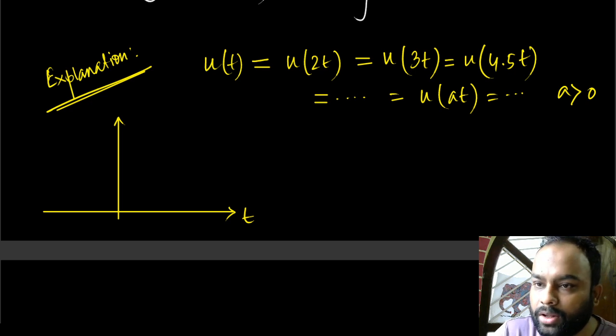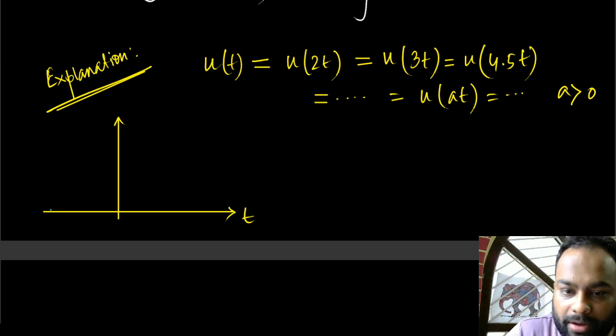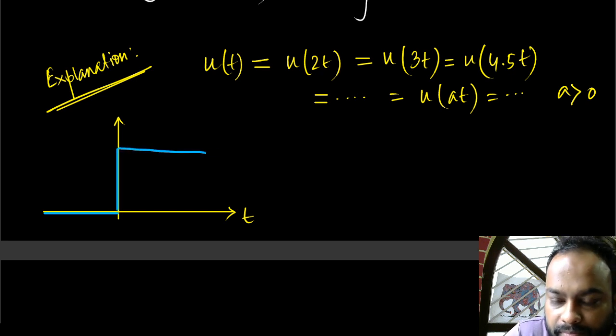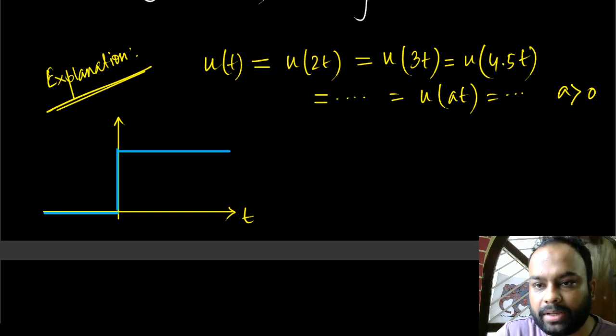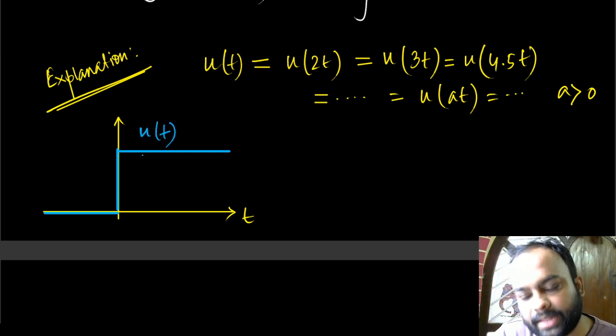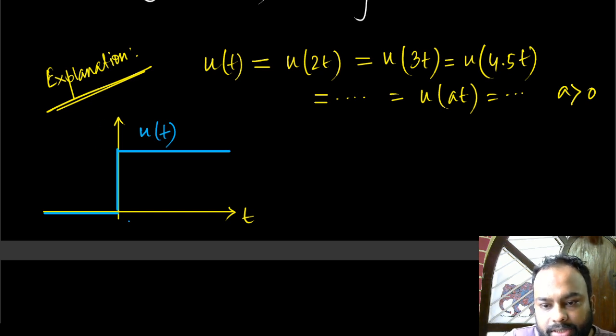So nothing changes, mathematically speaking. That's ut, right? That's my ut, and that's 0.